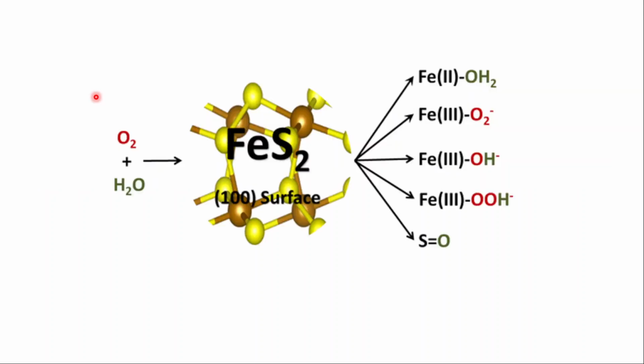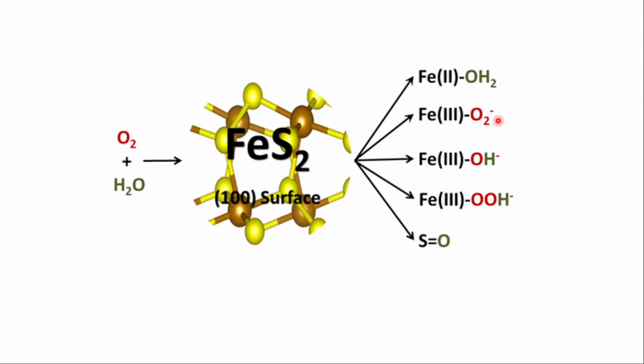So here is a schematic showing what kind of species can be generated when you add oxygen and water to FeS2. It can form Fe2+ OH2-, Fe3+ O2-, Fe3+ OH-, and Fe3+ OOH-. Also S double bond O. So all these species can be generated.